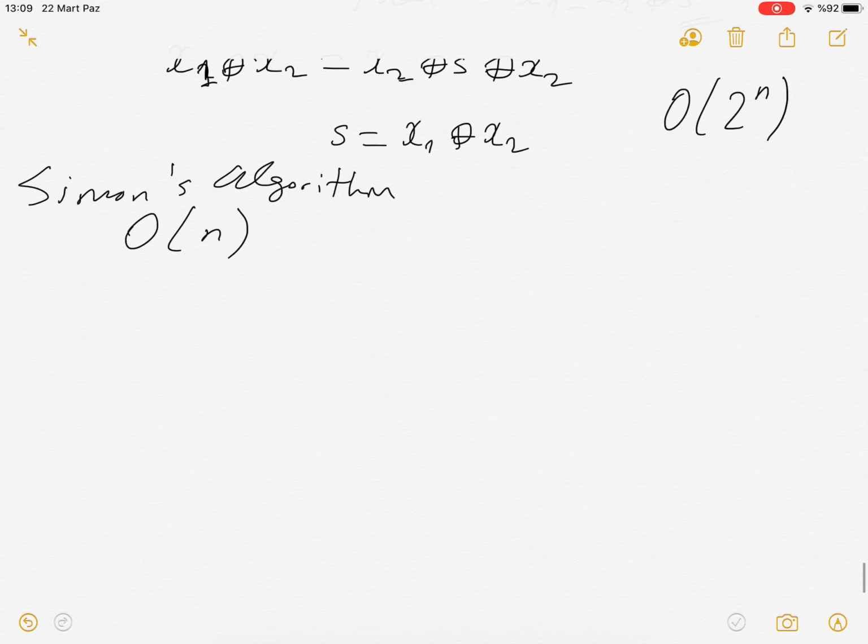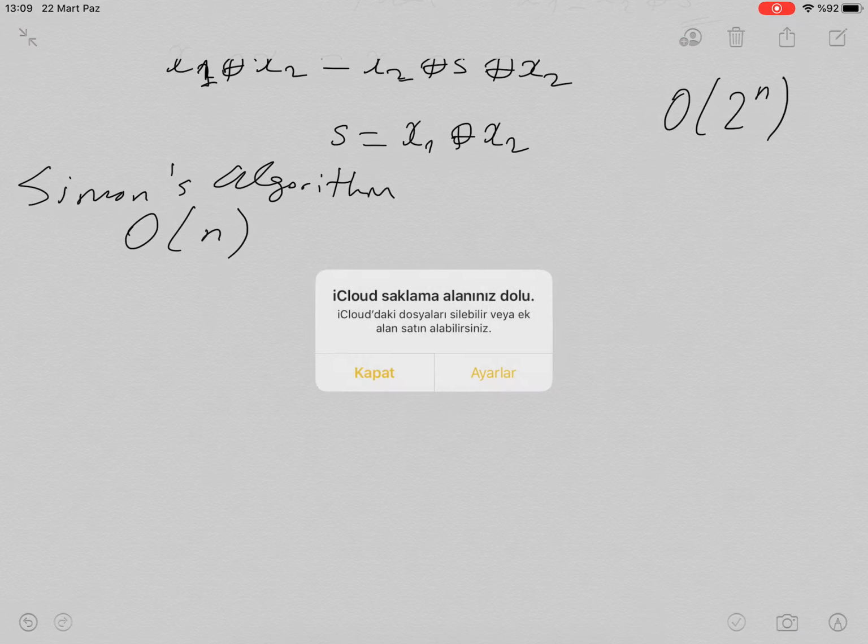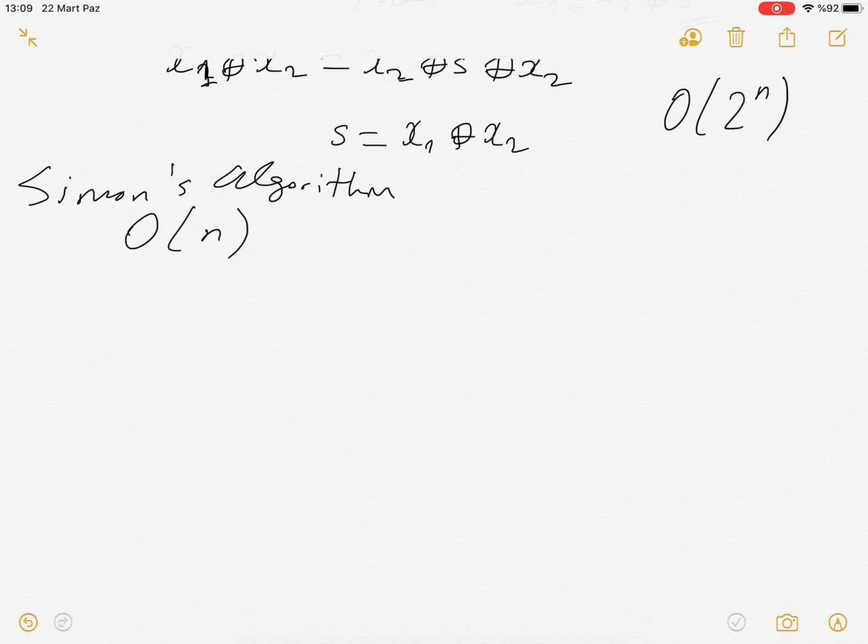So we start with two registers. The first register is set to all zeros. I'm making this bold to indicate that this is an n-qubit register.